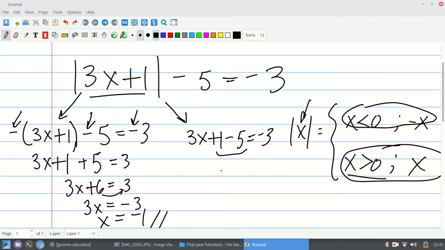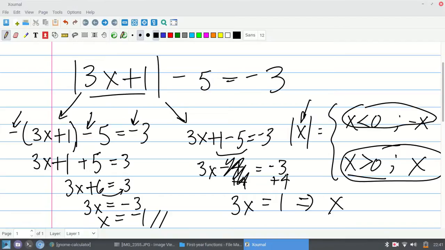This stuff makes negative 4. So you get 3x minus 4 equals negative 3. I add 4 to both sides, these go away, and I get 1 on the right side, so 3x equals 1. So that means that x equals 1 over 4. Oh, excuse me. Wow, 1 over 3. Okay, 1 over 3 and negative 1. Those are my two answers.